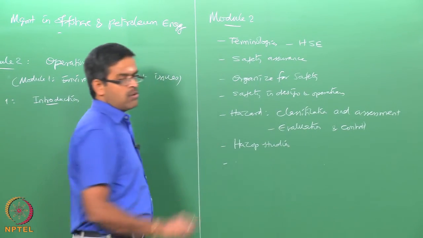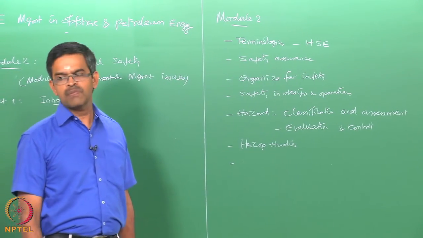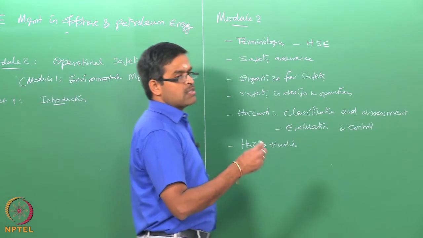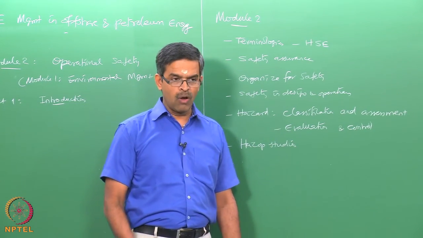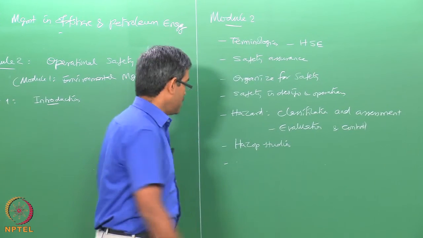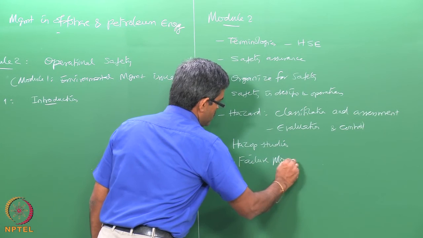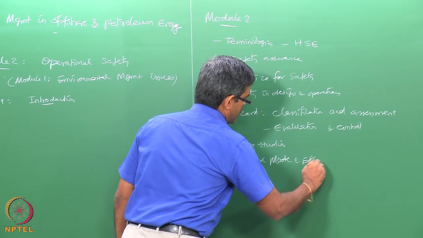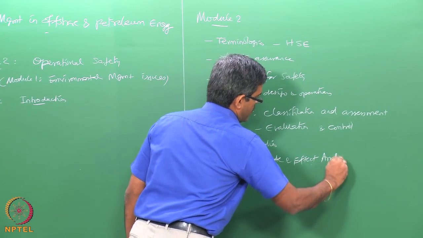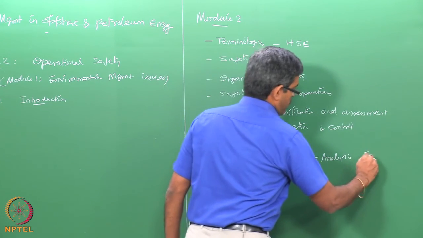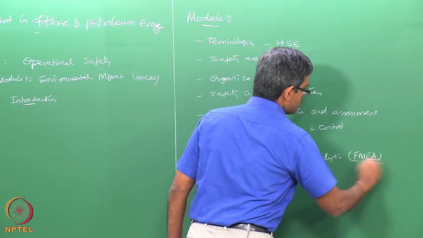Then we will also talk about a very interesting area of application of risk assessment, where the vulnerability of mechanical components in operational features can be ascertained using what we call failure mode and effects analysis, which is FMEA, which is a very interesting study.